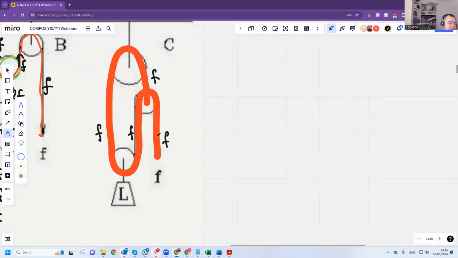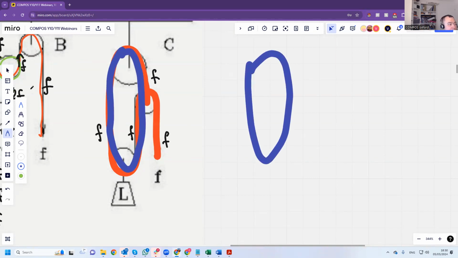Because what would happen here is that, let's look at just this part. You have a downwards force. What are the external forces?